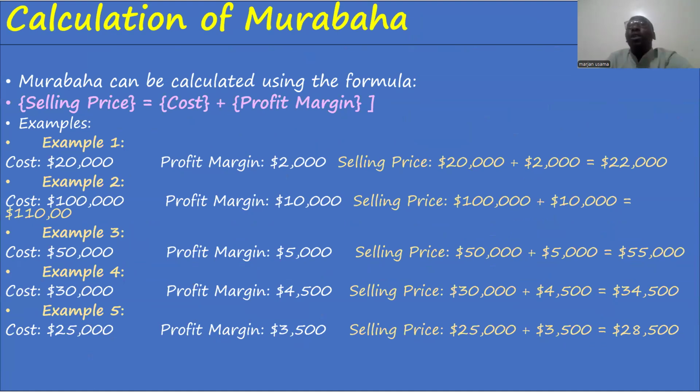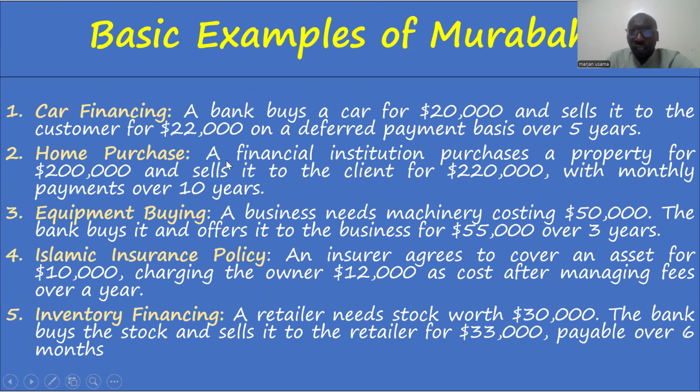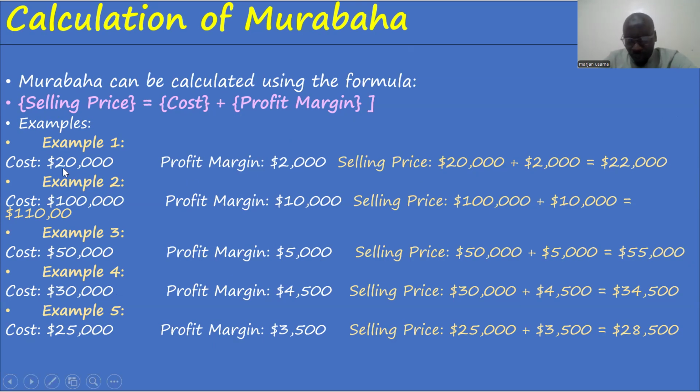So how do you calculate Murabaha? The formula for calculating Murabaha is normally the selling price equals the cost of the product plus the profit margin. It's an easy formula. So in our first example of car financing, the cost of the car is 20,000, so it will be 20,000 plus the 2,000, which is the profit margin.